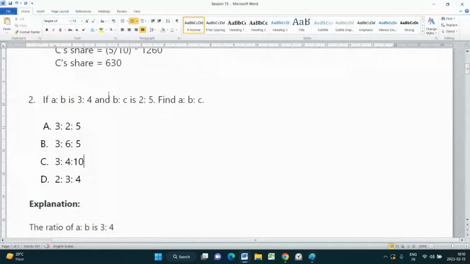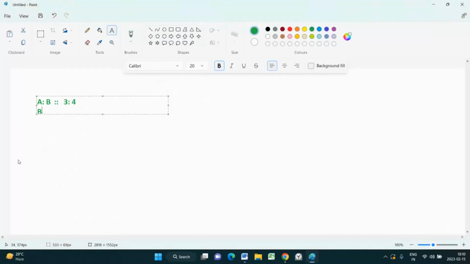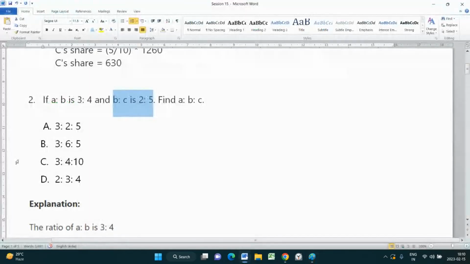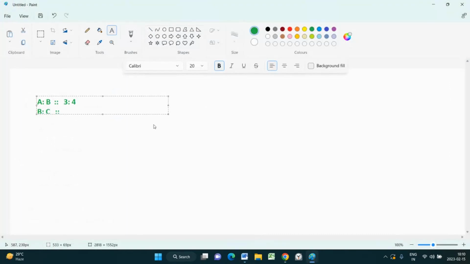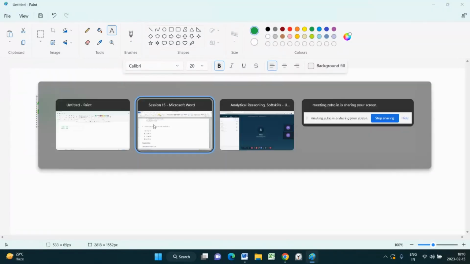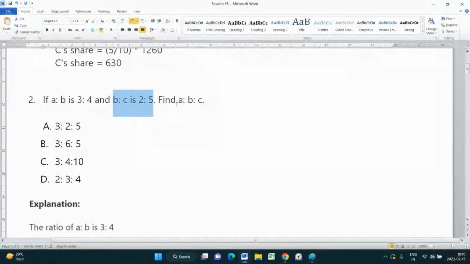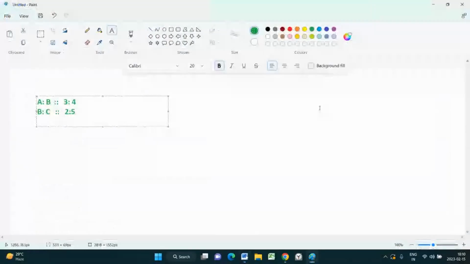B is to C is 2 is to 5. Find A is to B is to C.